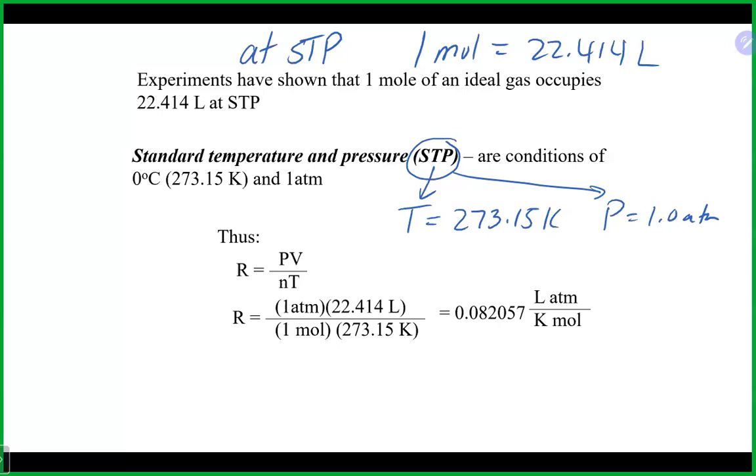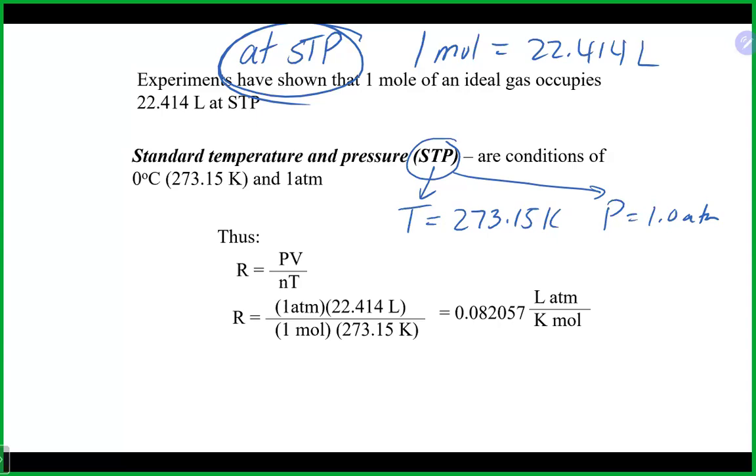Now, you should be cautioned that you should not use that conversion unless you're at the STP condition. If you're not at 273.15 and you're not at 1 atmosphere, you should not use that conversion factor. But if you're at STP conditions, then it's available.